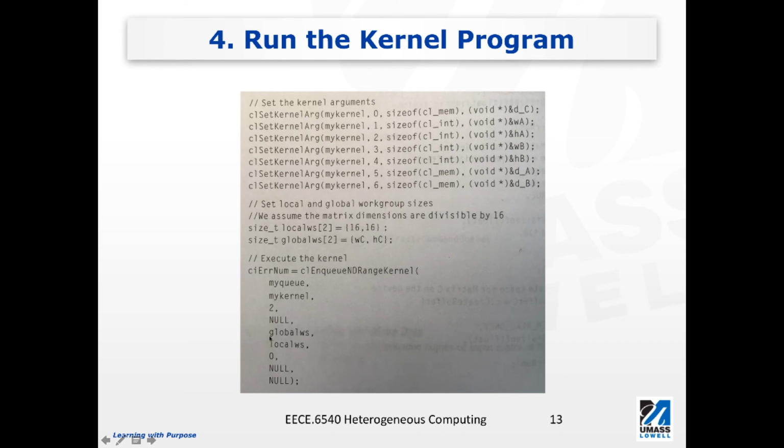And for the next two arguments, we're going to specify the global work group size and local work group size. The final three arguments to this clEnqueueNDRangeKernel call are related to events. Essentially, in this example, we don't have any events that we're going to wait for, and we will not generate any events from this kernel execution. And we will talk more about events and how we can use them in later lectures.